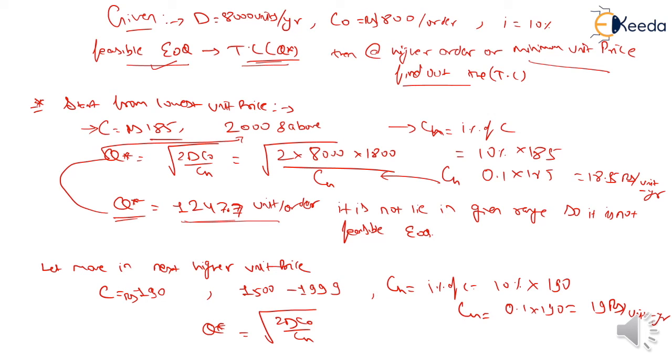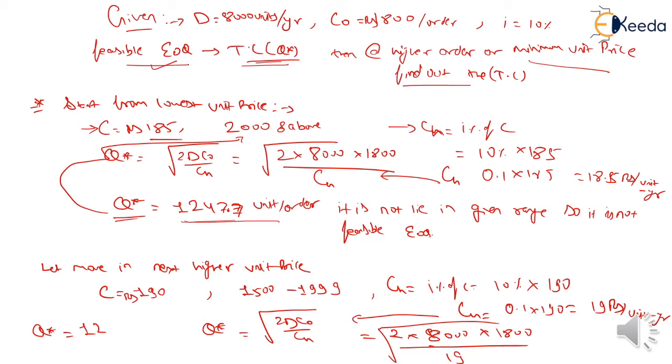Putting all the values in this equation, 2D with D as 8,000 units per year, C0 as 1800, upon CH as 19, and calculating this, how much is your Q star, students? Yes, it is 1231.1 units.